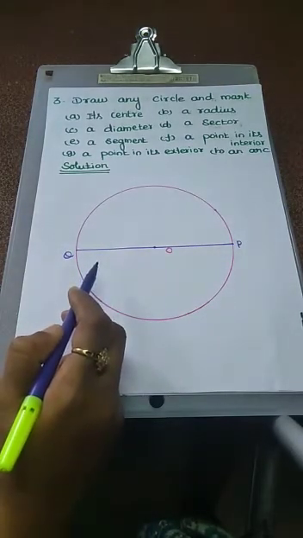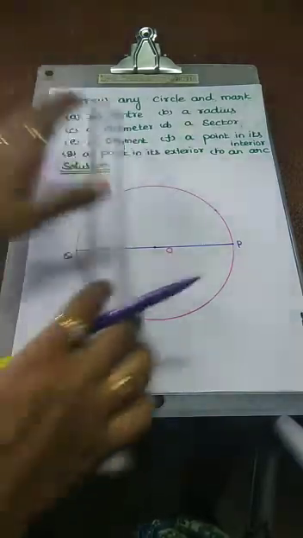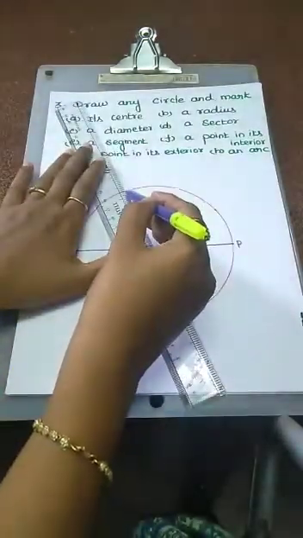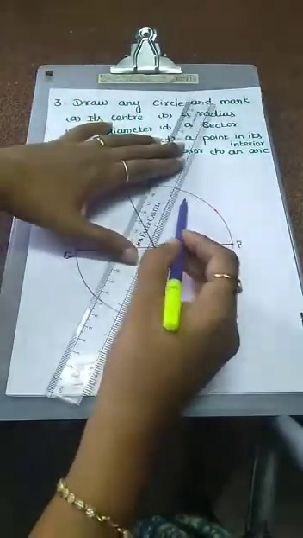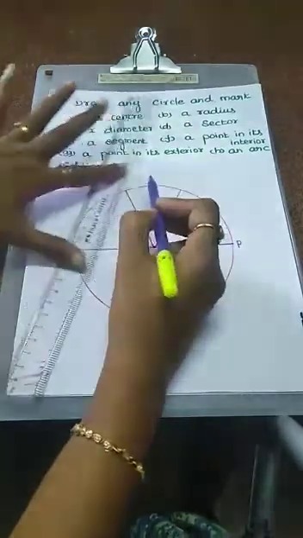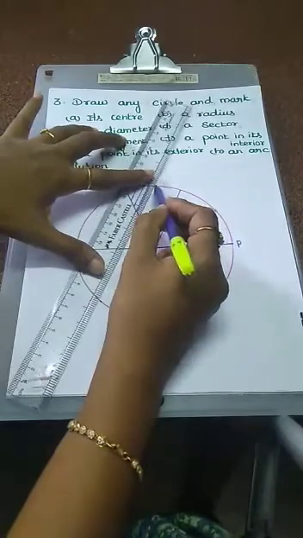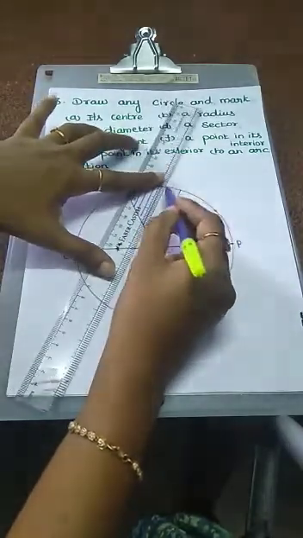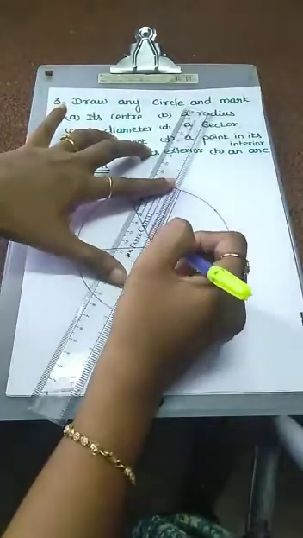And the next one, sector. We are going to draw a sector now. A sector is the region between an arc and the two radii of the circle. So we just join this one. This is the sector.